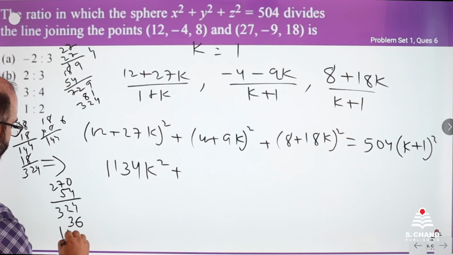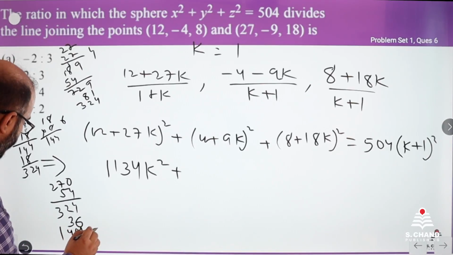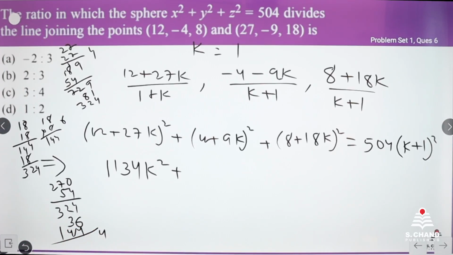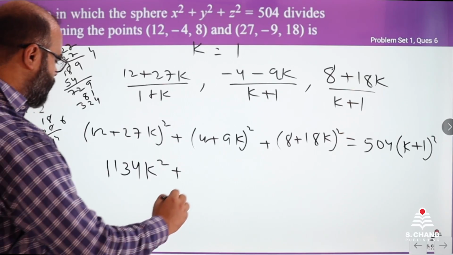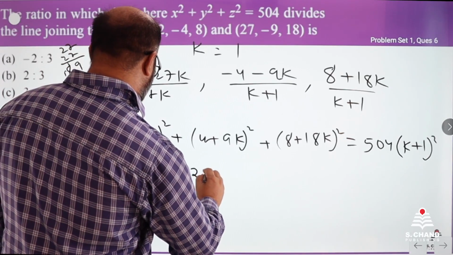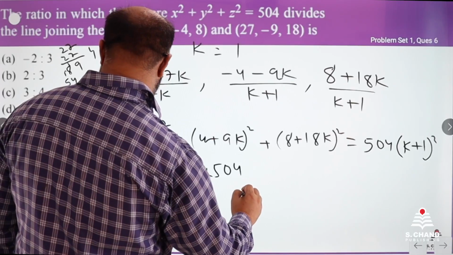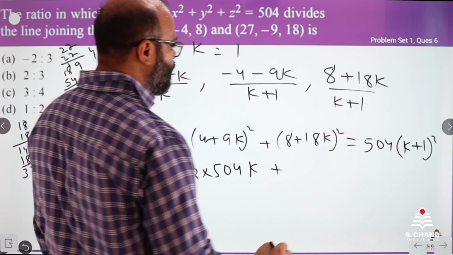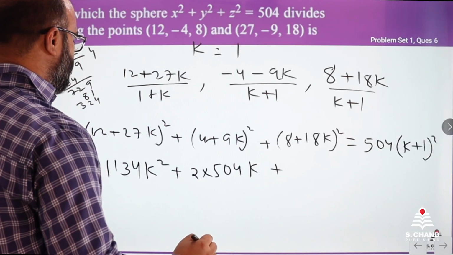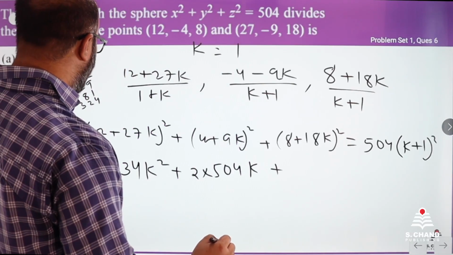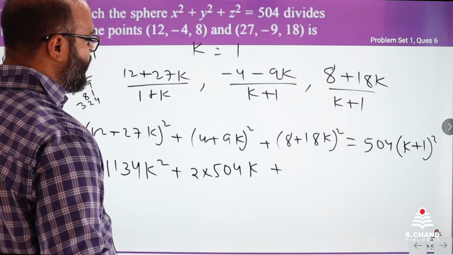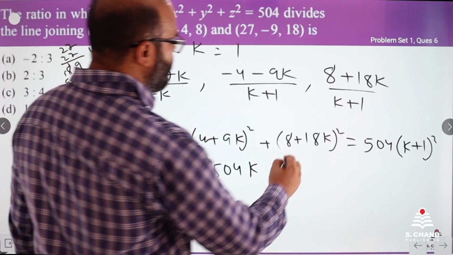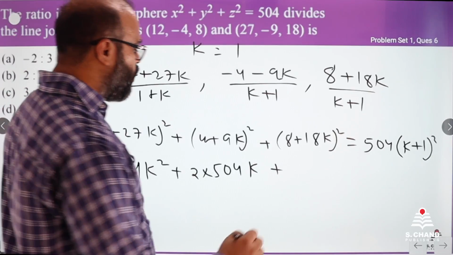So we will add them, and we get 504. Then 2 into 504 into k, 2AB is the formula, plus constant square. So constant square will be 12 square 144 plus 16, that will be 160, 160 plus 64, 224.